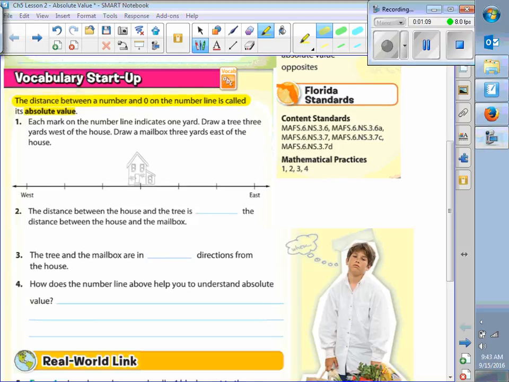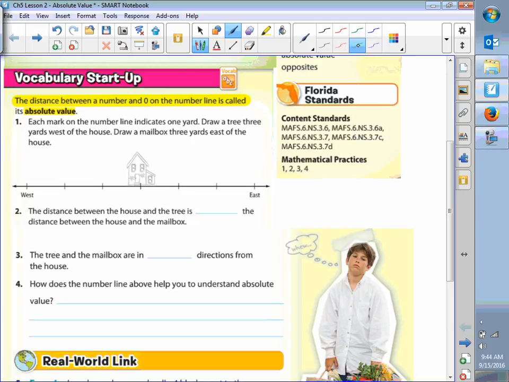So here, each mark on the number line indicates 1 yard. Draw a tree 3 yards west of the house and draw a mailbox 3 yards east of the house. Okay, so first we want to draw a tree 3 yards, so here's the house. 3 yards west of the house, this way, right? 1, 2, 3, west.